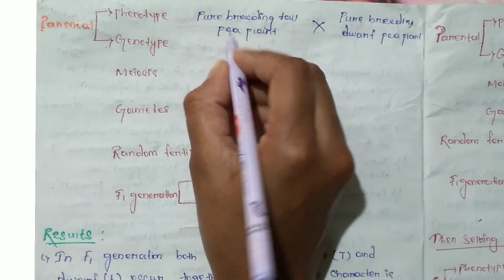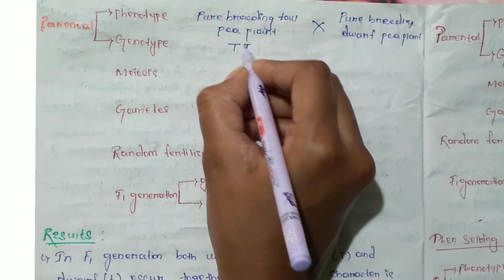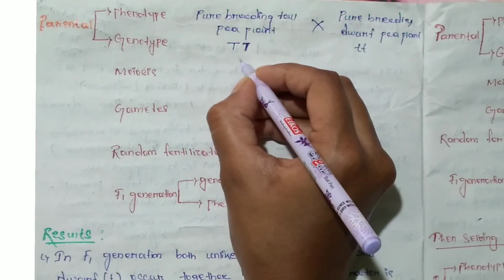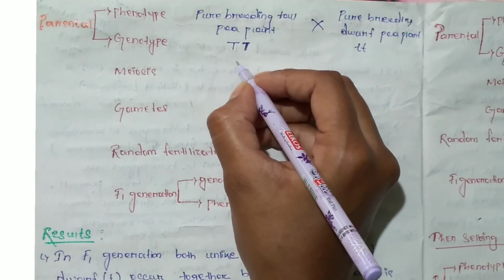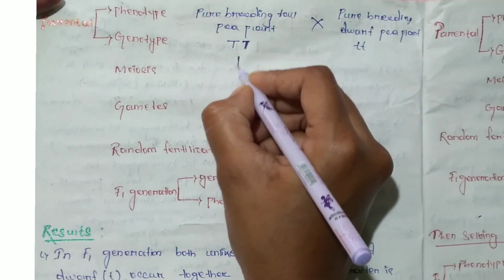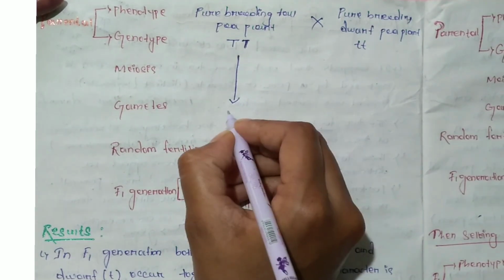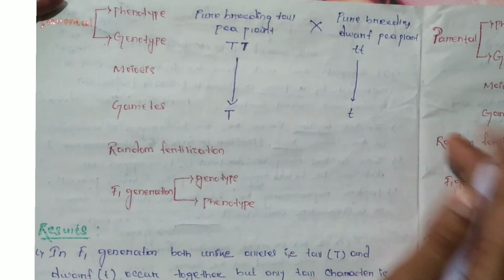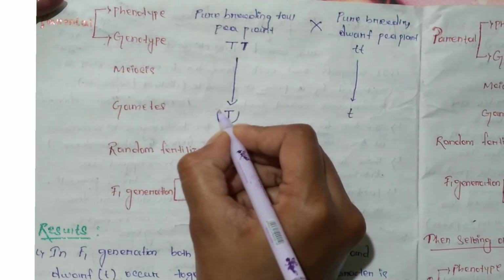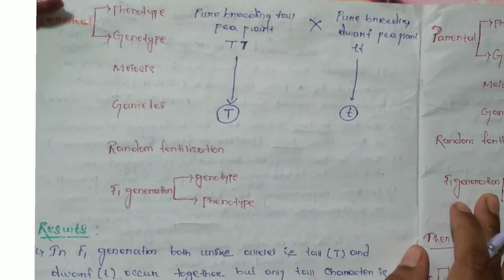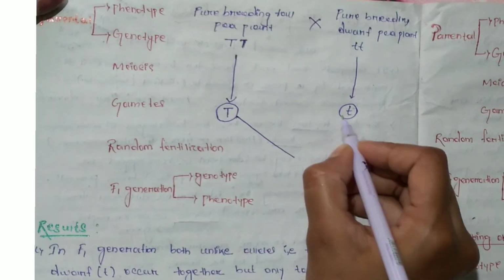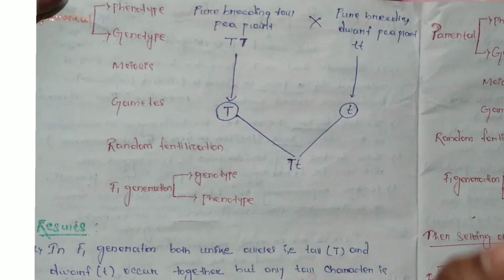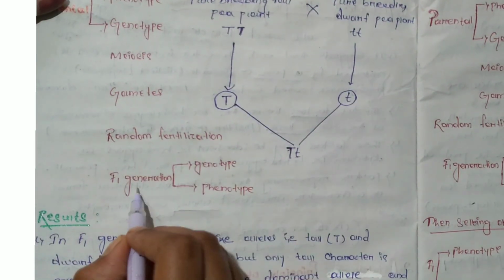Here is the genotype: pure breeding is represented by all capital letters, and the other by all small letters. Meiosis occurs in the formation of gametes, and it gives gametes. To understand, we circle the gametes. Then fertilization occurs and gives capital T small t. This is the genotype of the F1 generation.